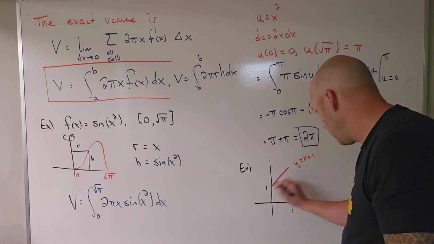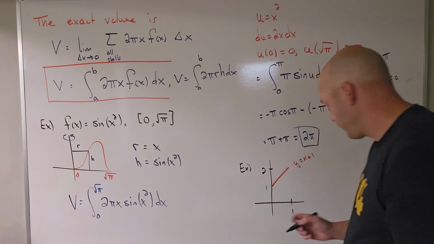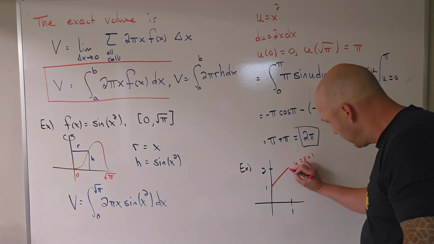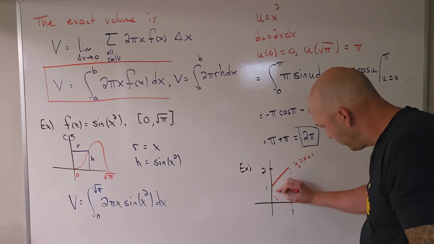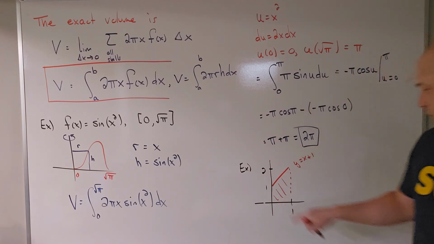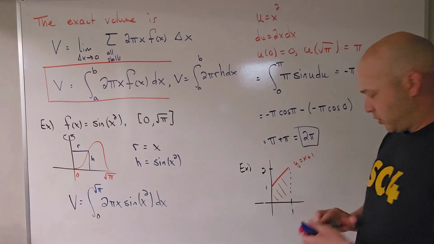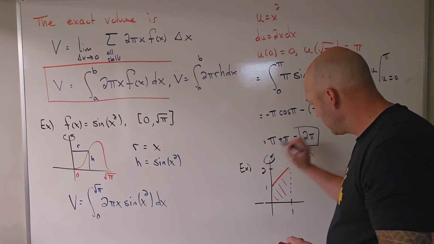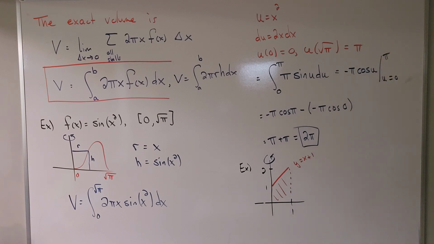So that would make that 1, make that 2. And I want to take the area bounded by the graph y equals x plus 1 on the interval from 0 to 1, and I want to rotate that about the y-axis and then compute the resulting volume.